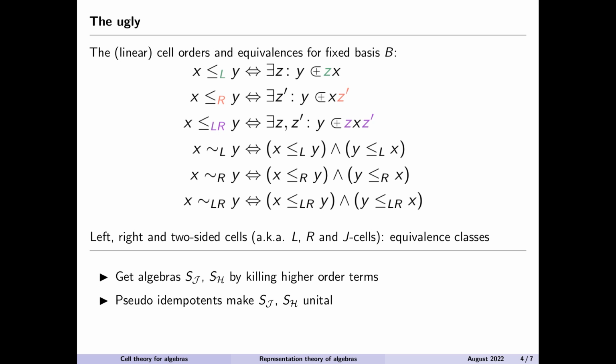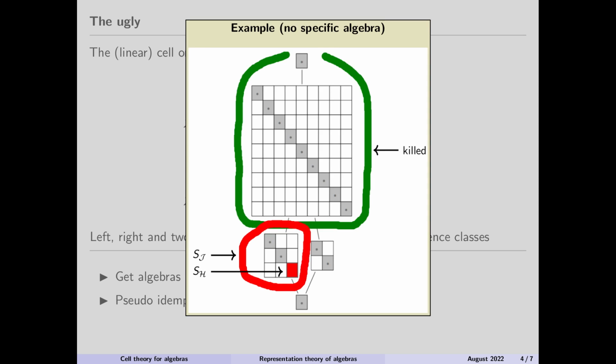It doesn't really make a difference again, but let's just say I only consider the red box. Again, the order forces that the red and the green is also an ideal. So if I take the red and the green and I kill the green, I get an ideal, which is kind of an algebra, but it happens that the pseudo-idempotent makes it actually an algebra.